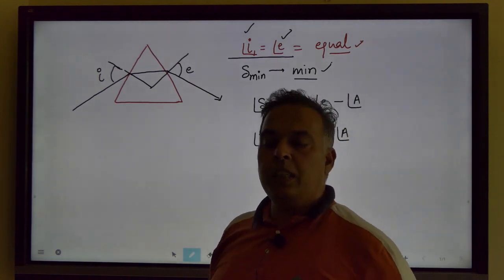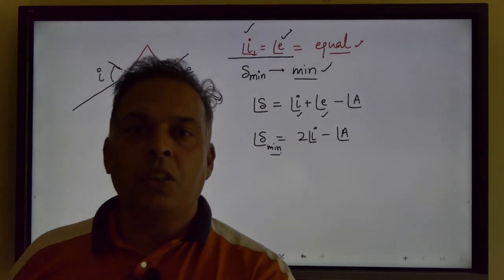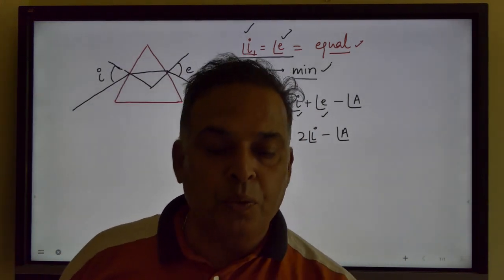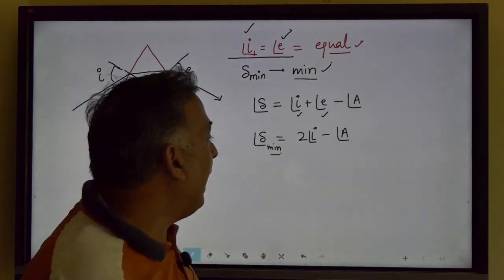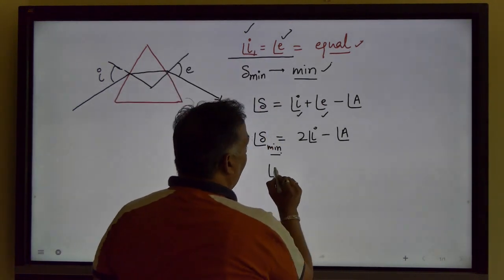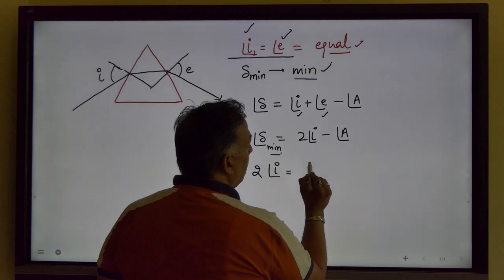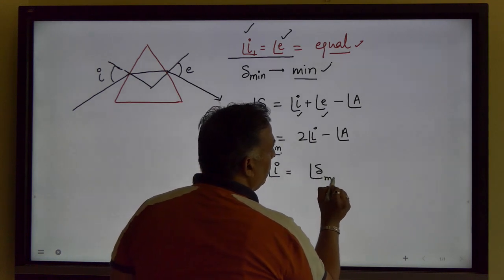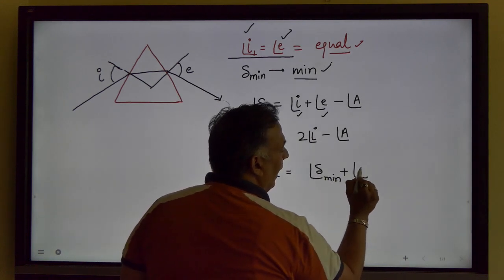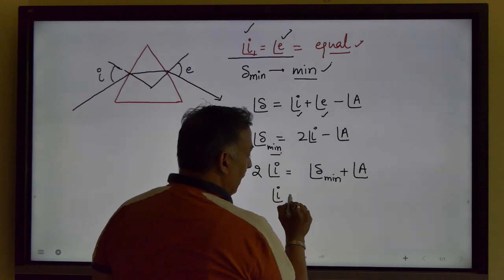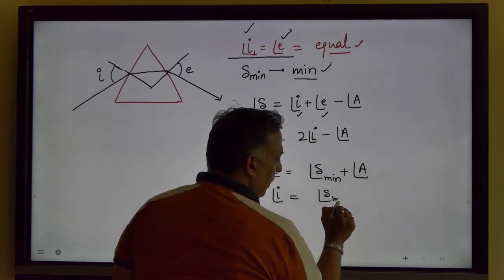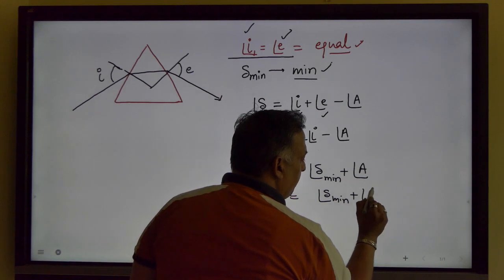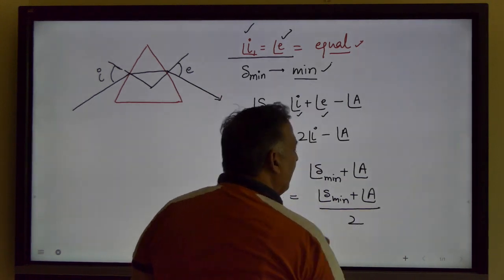Secondly, we have to prove that the angle I becomes minimum deviation plus angle A, so angle I is minimum deviation plus angle of prism divided by 2.